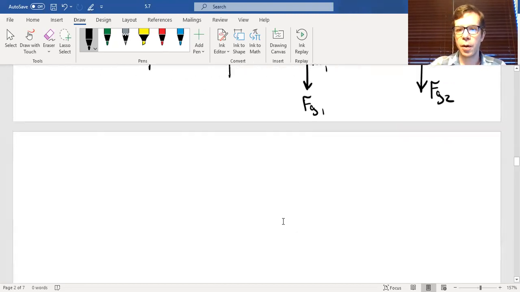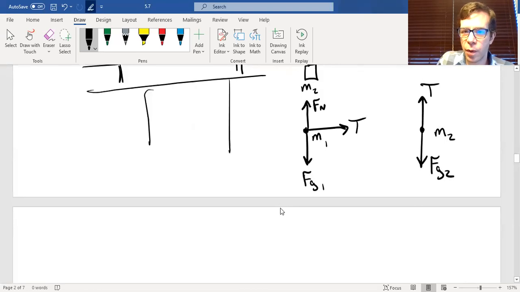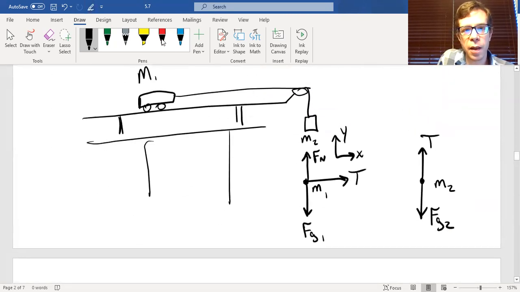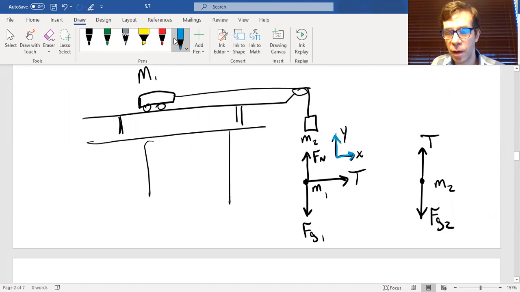So if we want to set up our equations for this, well, this is two-dimensional. We're going to need X and Y. And again, I'm going to choose my coordinate system in the direction of the acceleration, right? So this cart, if we release this, the cart's going to be dragged across the table. So the positive X is the direction of any acceleration.